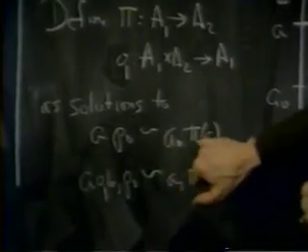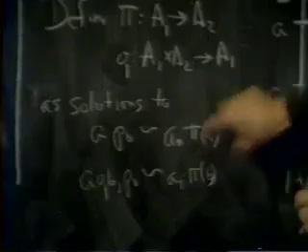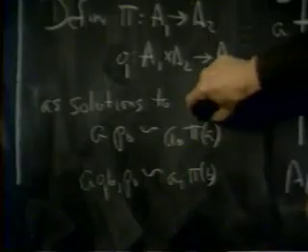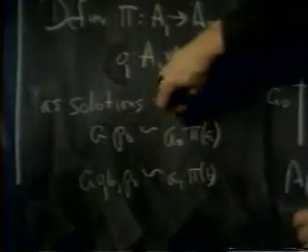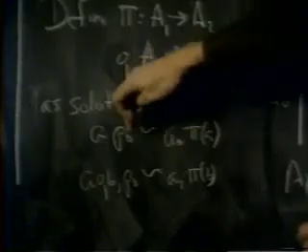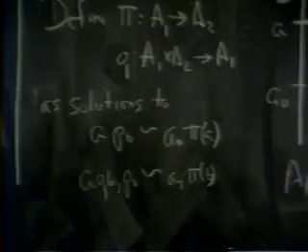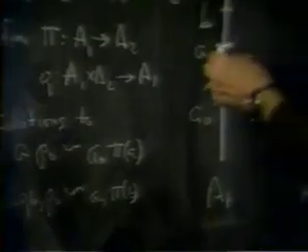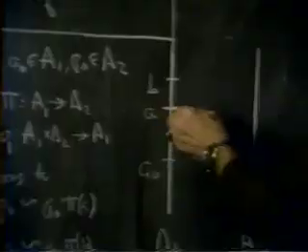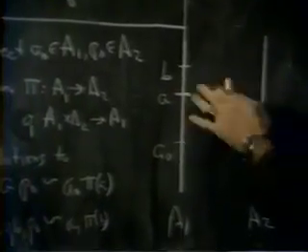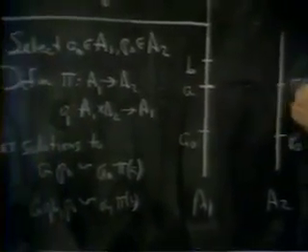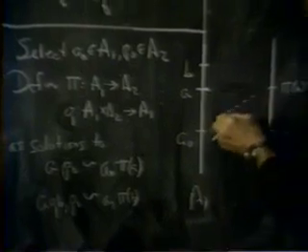The pi is selected to be that element of the second component which solves the equation A P0 is equivalent to A0 pi of A. In this diagram, if we wanted to solve for A, we're finding the element over here on the second component, pi of A, such that this combination is balanced by that combination.